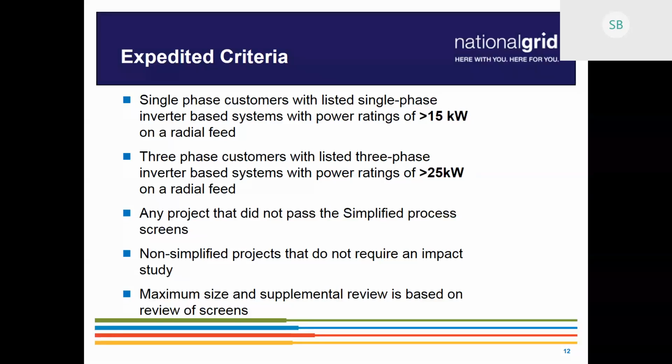So the majority of projects that fall into the expedited category are under 1 megawatt. If they don't require an impact study, they might fall into the expedited track. Or anything that would otherwise look like it should be simple, that might require additional engineering and or system modification.